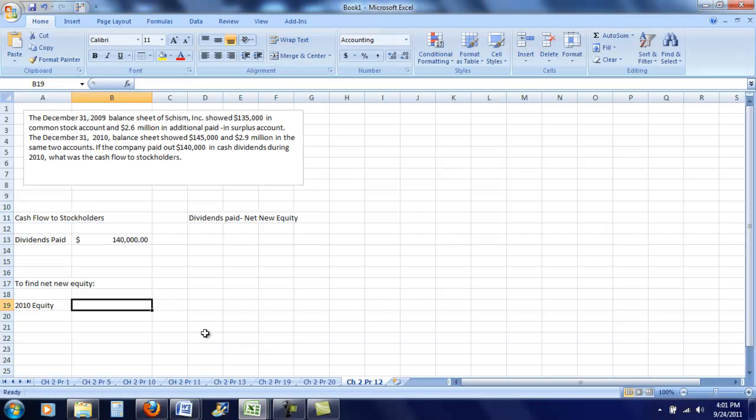So, my 2010 equity here was $2.9 million plus our common stock account of $145,000.